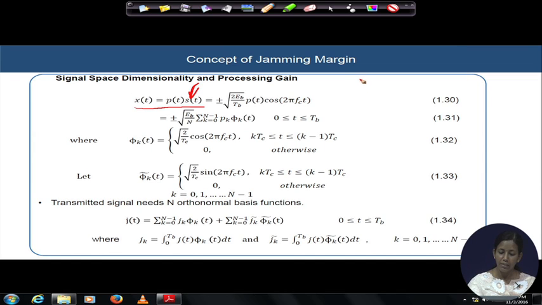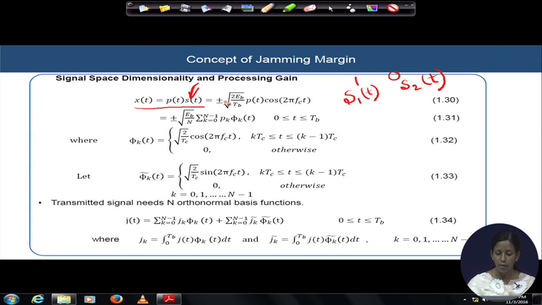Actually, for the BPSK signal, to transmit the signal value 1 and signal value 0, we need to transmit over two real valued signals s1(t) and s2(t). We transmit them in such a way that they are out of phase with each other.